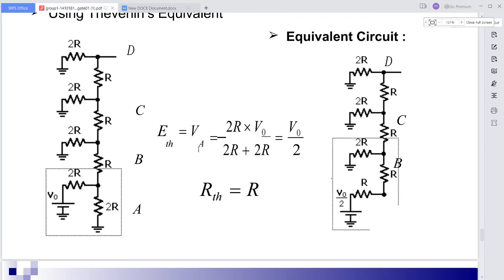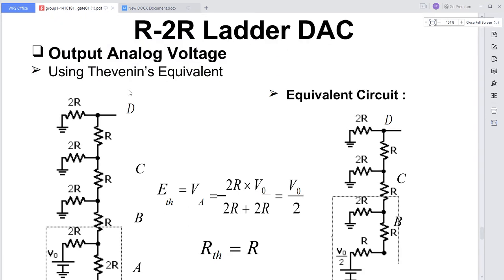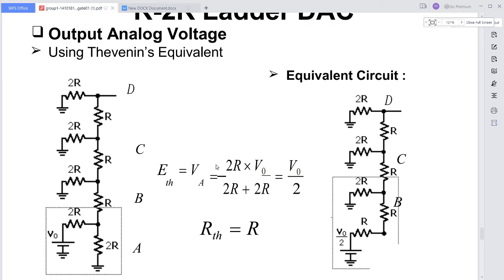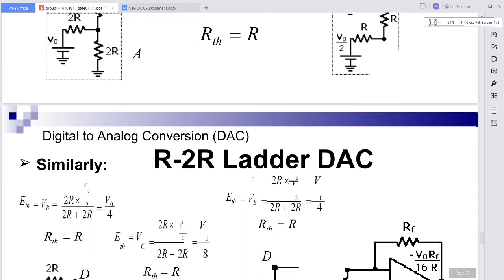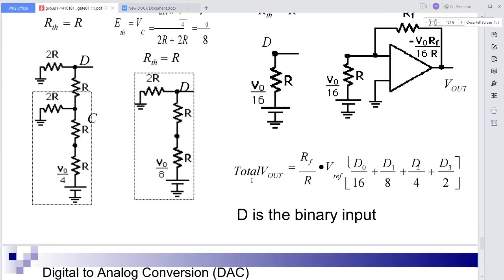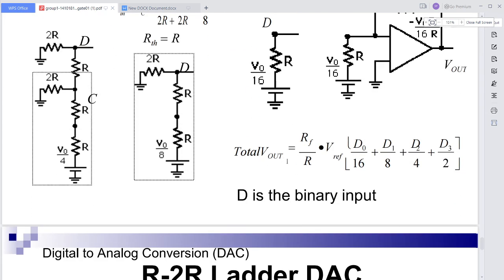Here we can have V out by 2, the analog output voltage, using Thevenin's theorem, and we can use the voltage potential rule also to get the voltage at the particular node. By making use of Thevenin's theorem we calculate the R equivalent as R.